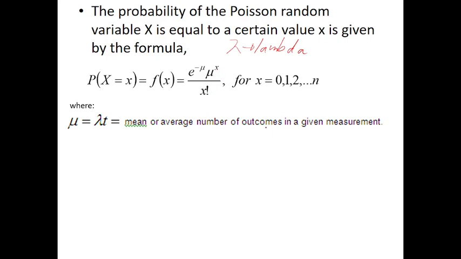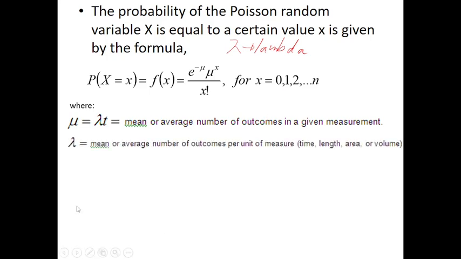Later we'll have an example to better appreciate what I am discussing right now. Lambda is the mean or average number of outcomes per unit of measure. So it could be per unit time, per unit length, per unit area, or per unit volume.